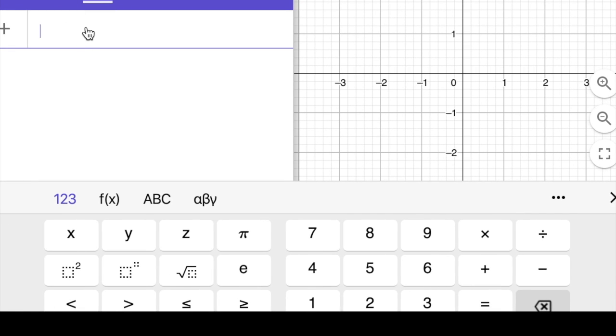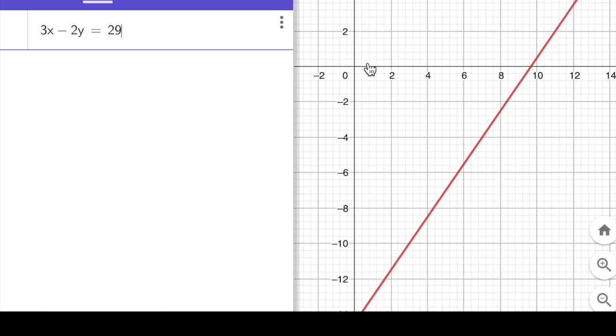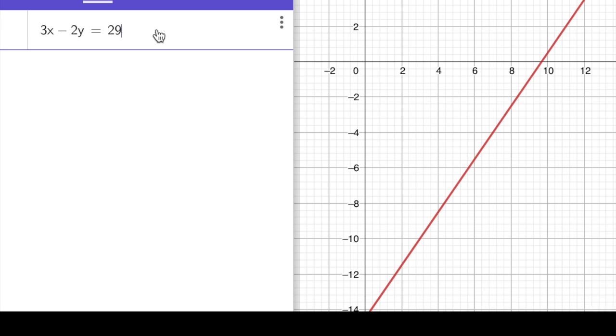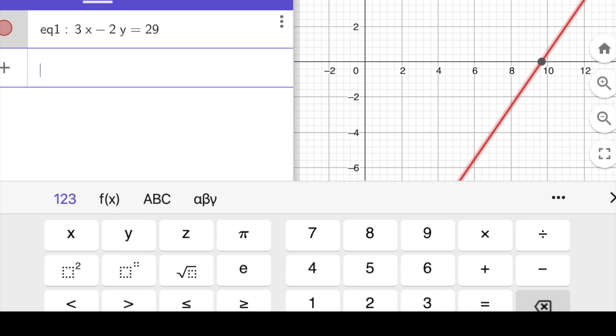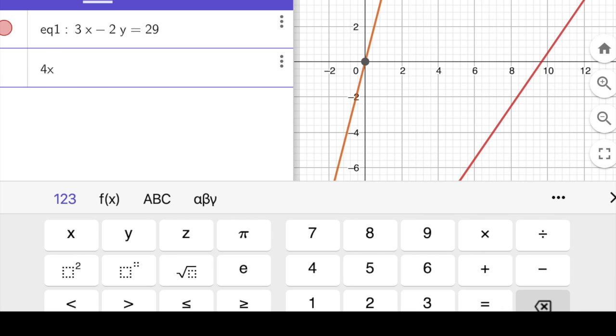So we've got 3x take 2y equals 29. And if we were to graph that, it looks something like that. And the next one we would have had would be 4x plus y equals 24.